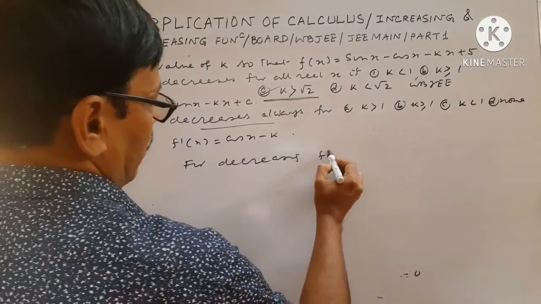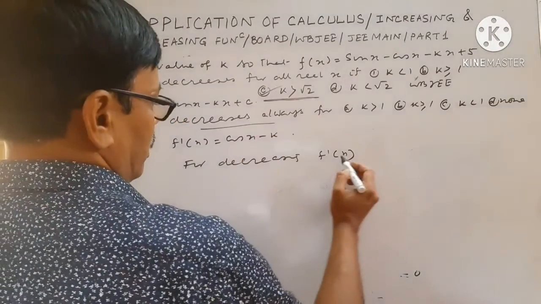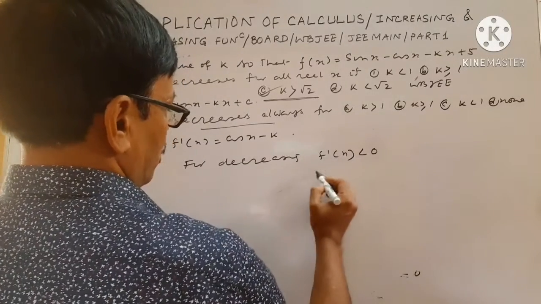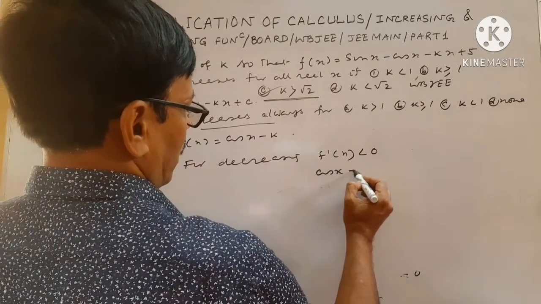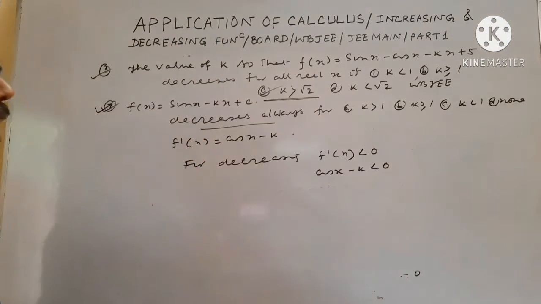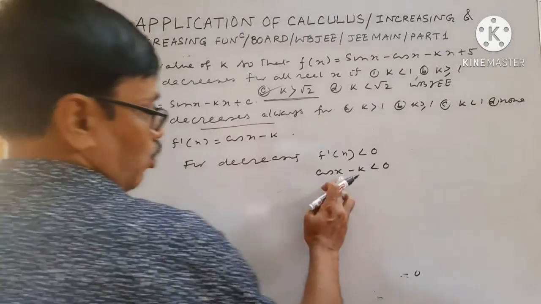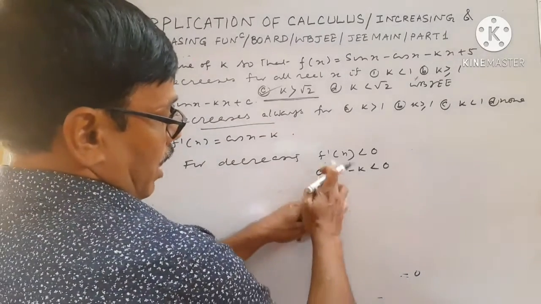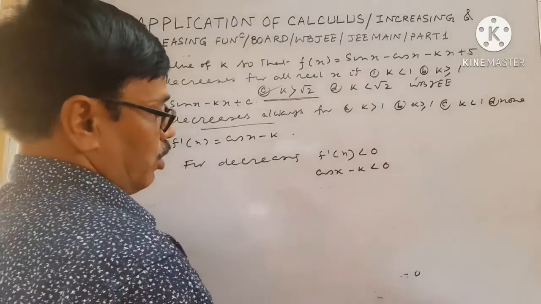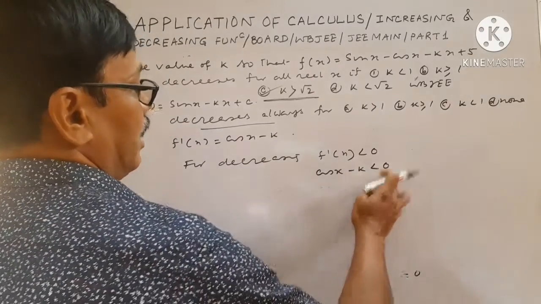This is a 1 mark problem of WBJEE. f dash x less than 0, so cos x minus k less than 0. The maximum value of cos x is 1. So if k equals 1, this is 0. If k is greater than 1, it is negative.